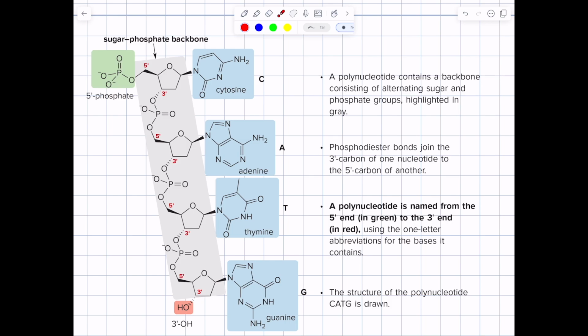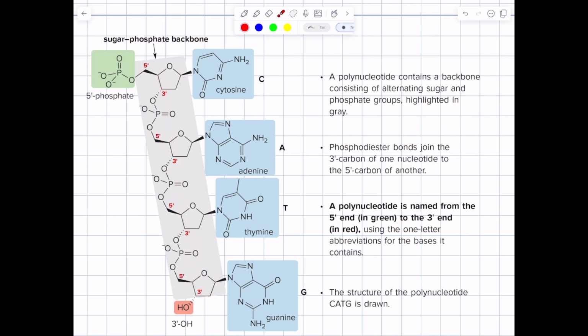You can see, like the dinucleotide above, we have a 5' phosphate and then a 3' OH. This is a deoxy oligonucleotide because we lack the 2' hydroxyl, so this is from DNA, not RNA. We see the sugar phosphate backbone labeled in gray: deoxyribose ring, 3' oxygen, phosphodiester, 5' oxygen, ribose, 3' oxygen, phosphodiester, 5' oxygen, and so on. That's the sugar phosphate backbone.